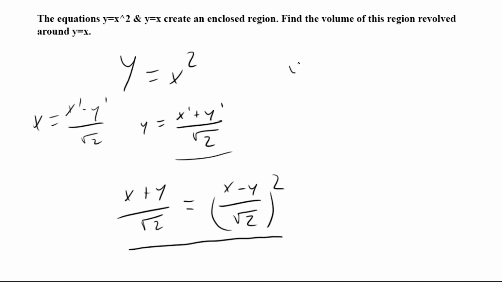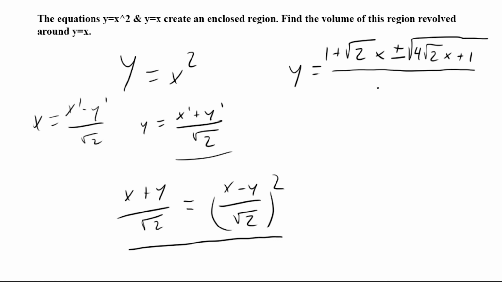And so when we isolate for y, we get y equals (1 + √2x ± √(4√2x + 1)) all over √2, where the plus or minus comes from the quadratic formula.